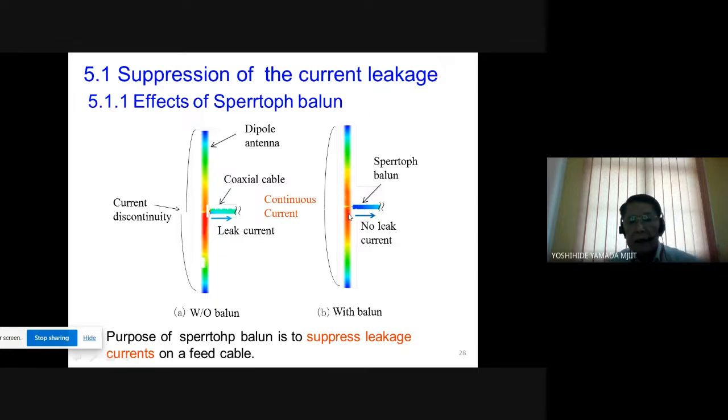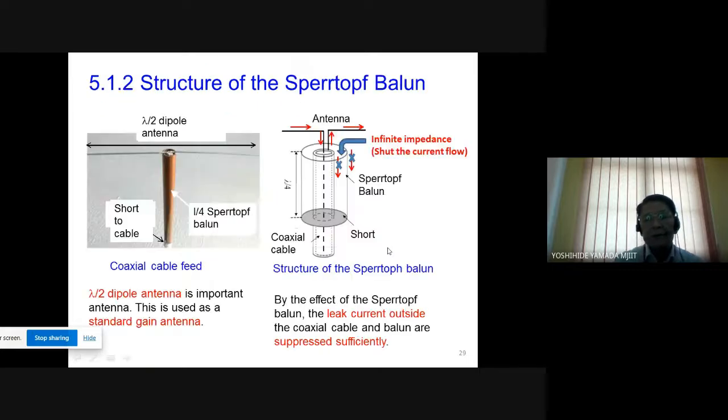And the current on the antenna becomes almost the same color. The difference in strength is very small, so almost the same current flows on the upper side and lower side of the antenna. This is a simulation result.